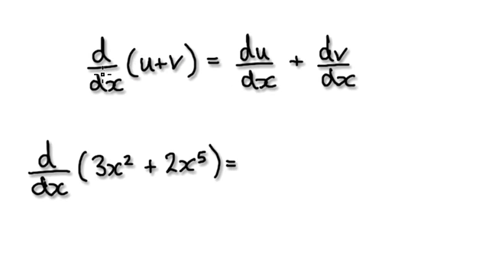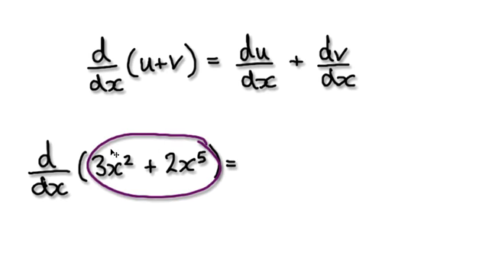So here, suppose you want to differentiate this. If you have a sum of two things, you can just concentrate on differentiating this one, and then add it to the differential of this one here. So suppose you have something like this. Differentiate this whole thing.